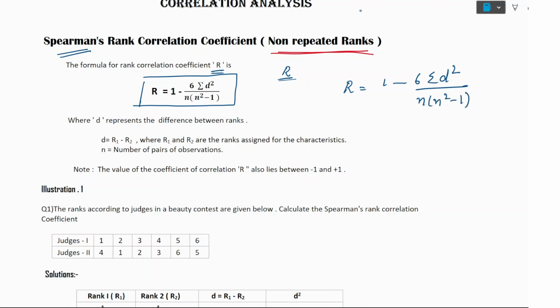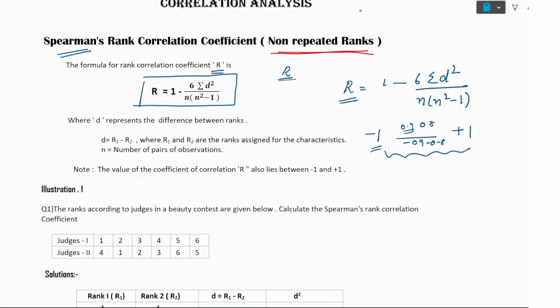What is d? d is the difference between two ranks, and n is the number of pairs of observations. The value you get after calculating R always comes in between minus 1 and plus 1. That means it can be 0.9, 0.8, and also minus 0.9 and minus 0.8. According to these values, we are going to interpret the data.